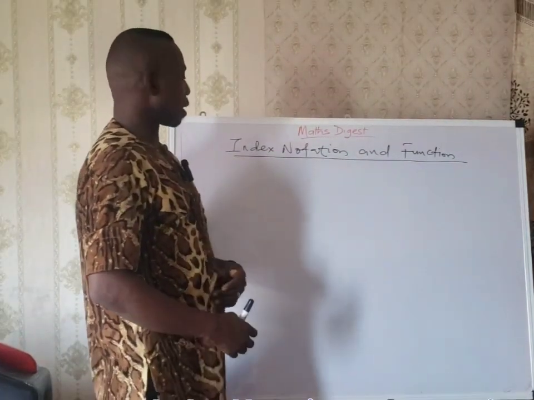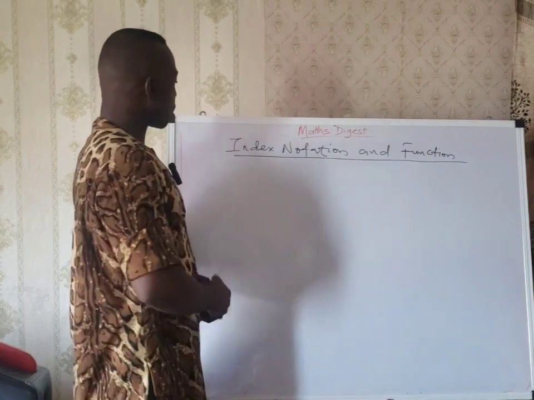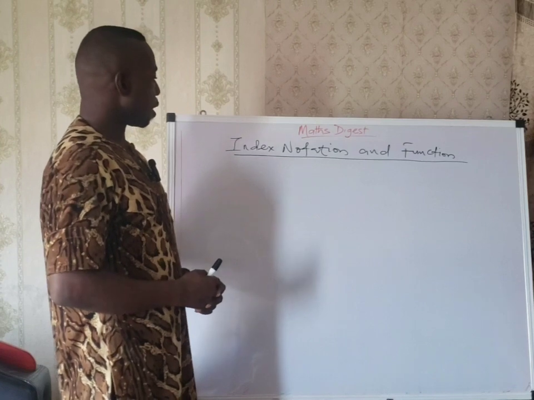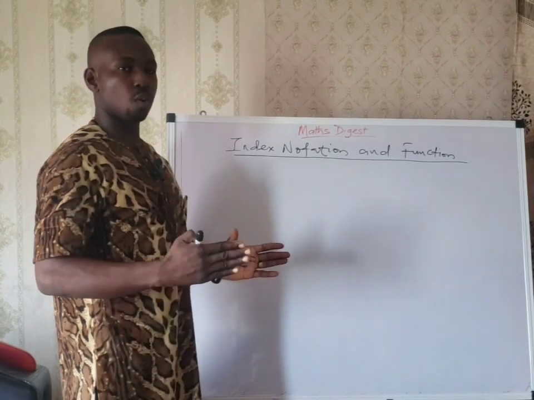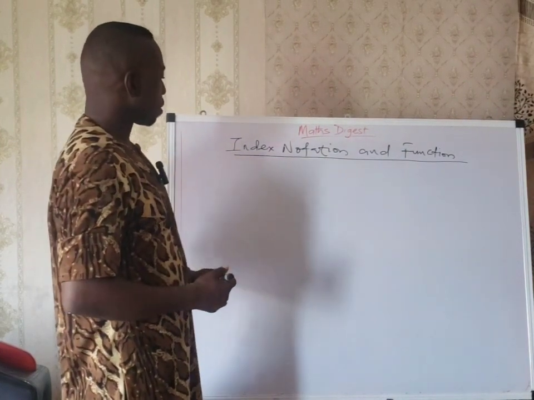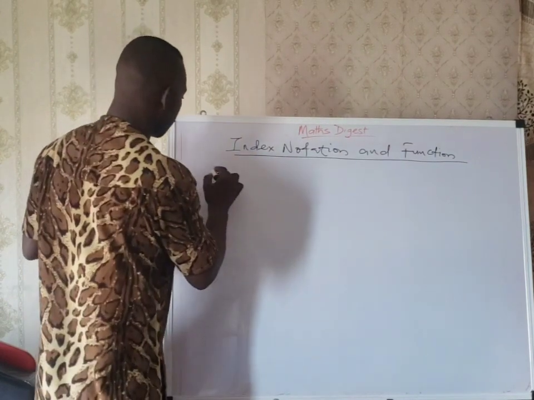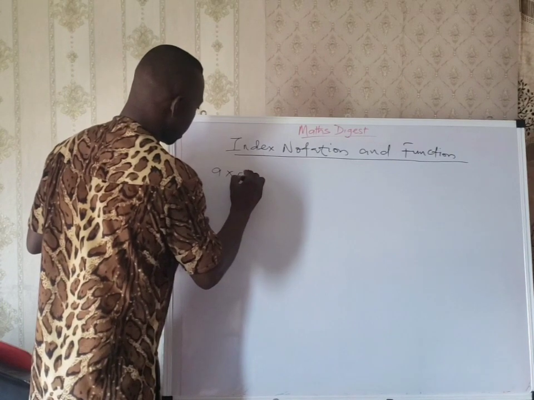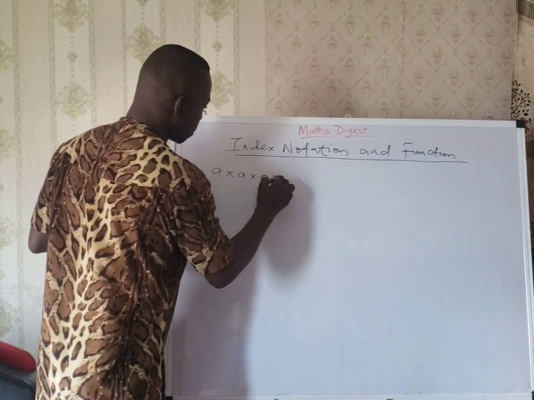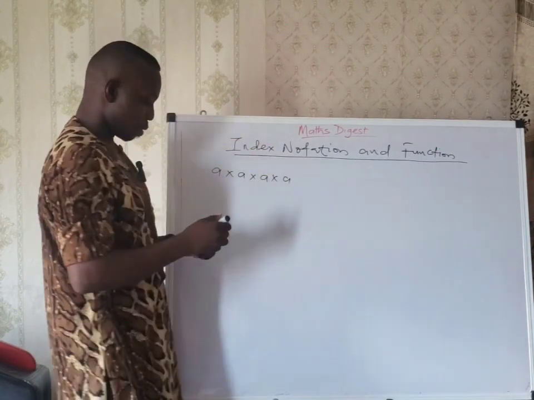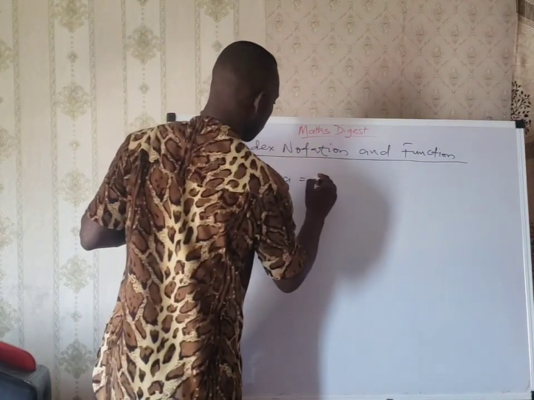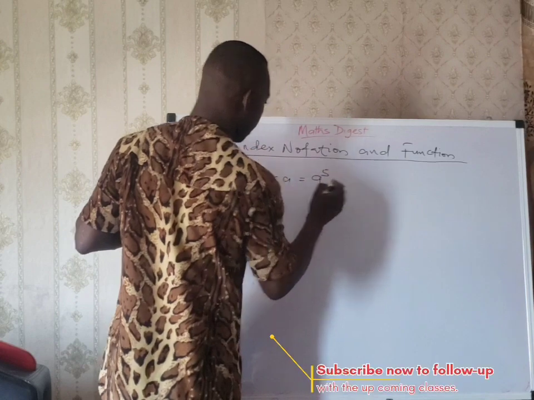Okay, so what is index notation? Index notation is a way of shortening a product of equal numbers. For instance, if you have A times A times A times A times A, this can be said to give you A raised to power 5.